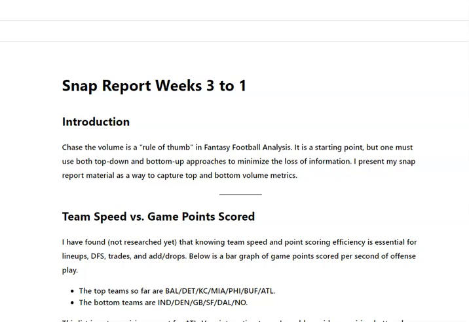This is Snap Report weeks 3 back to 1. So we're covering 1, 2, 3. This is for the Science of Fantasy Football.com. This report will be there. Check it out. I'm going to do a shortened report, get to team usage, and then the very deep player snaps.